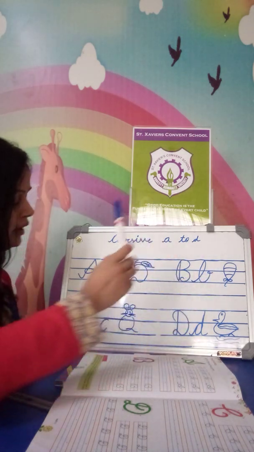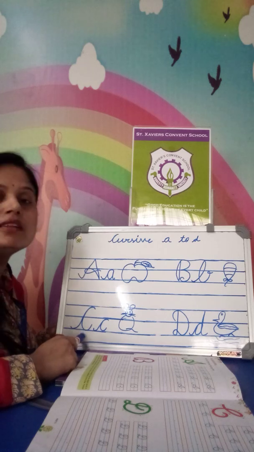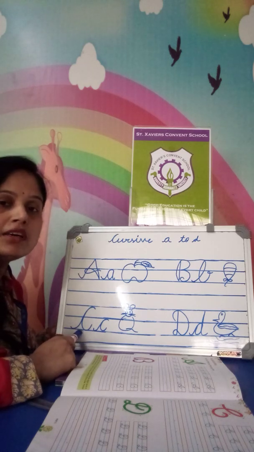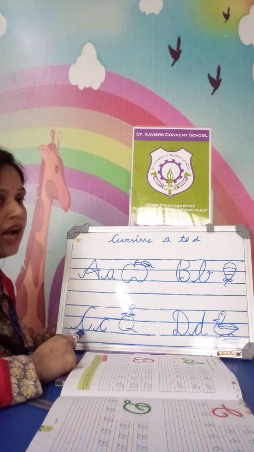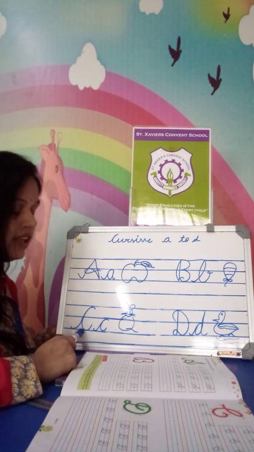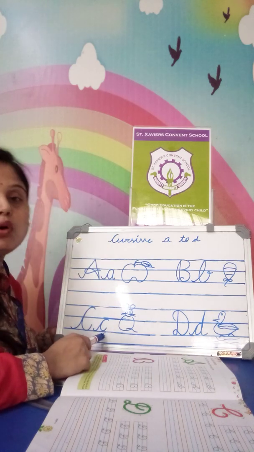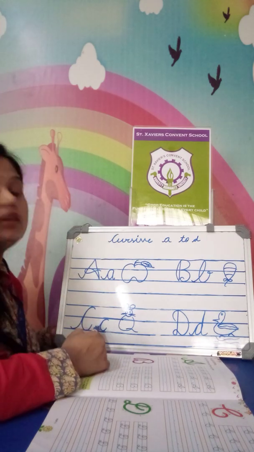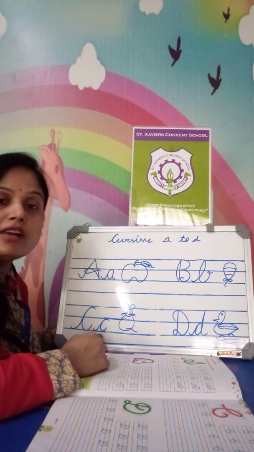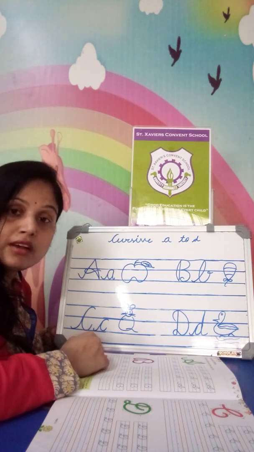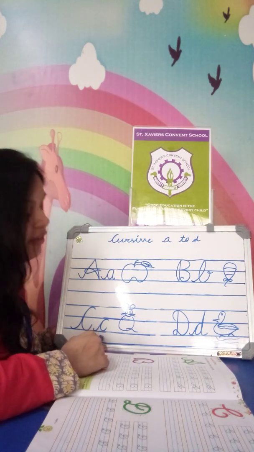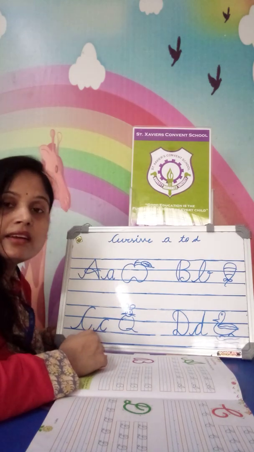Okay. Now next letter C. This is capital cursive C. And this is small cursive C. C sounds ka. Like C for cat. Ka.